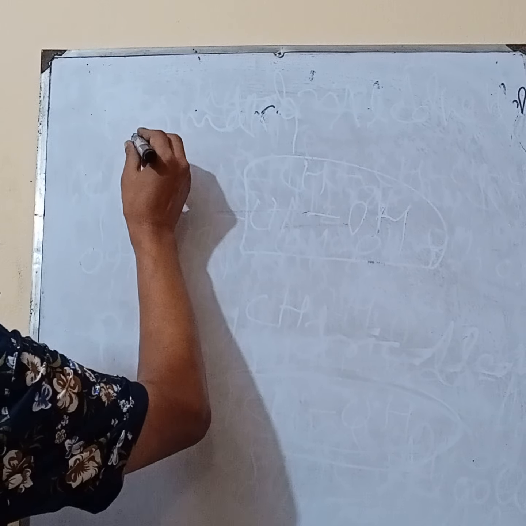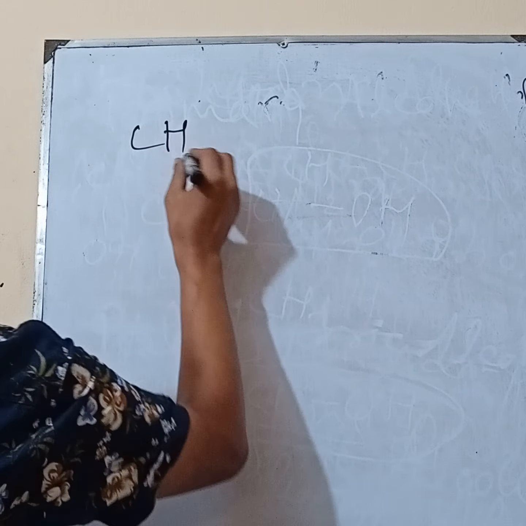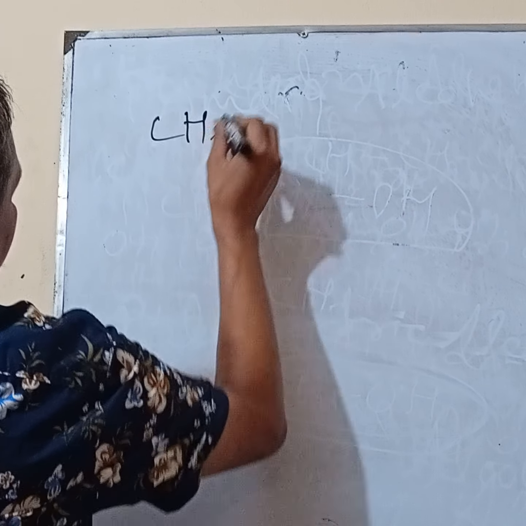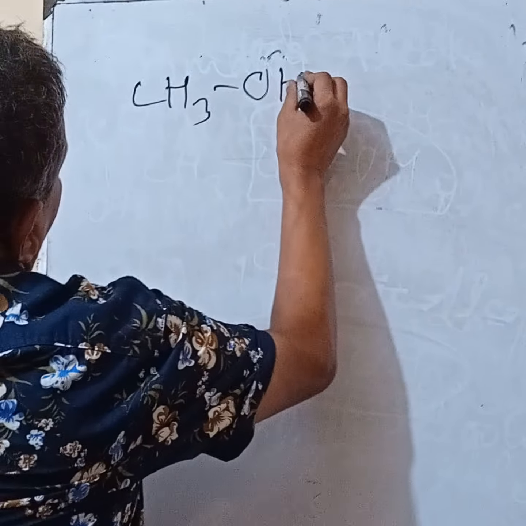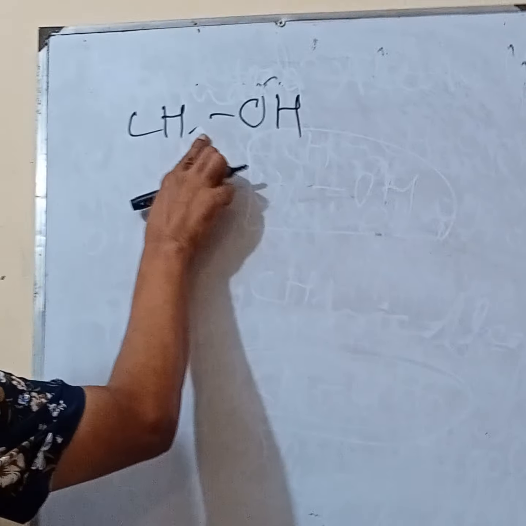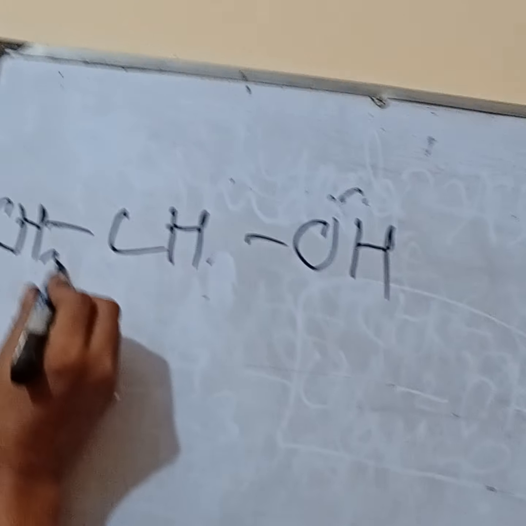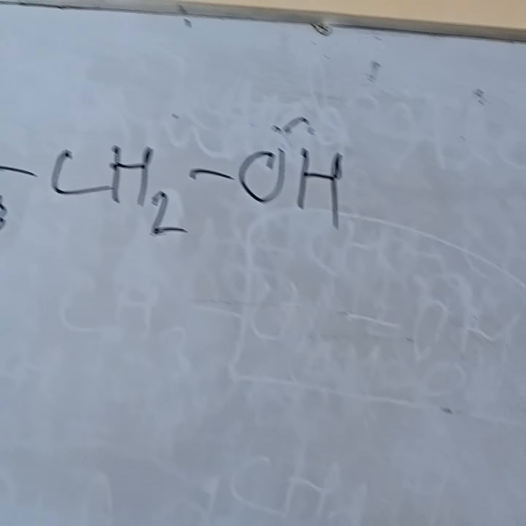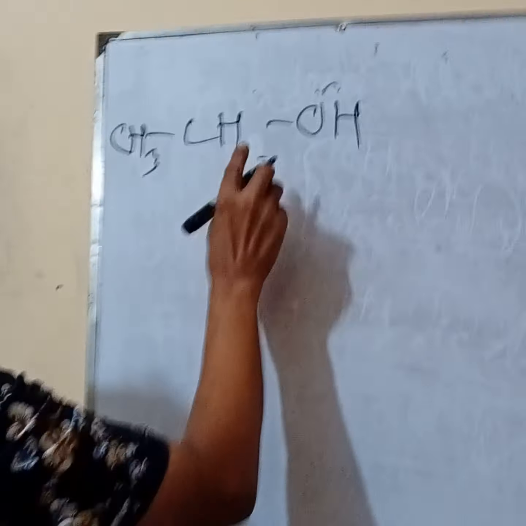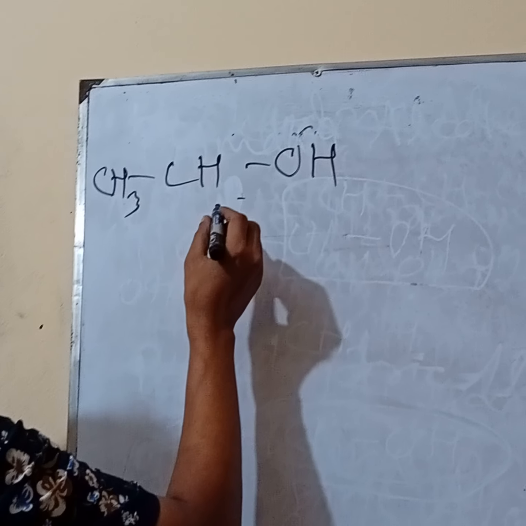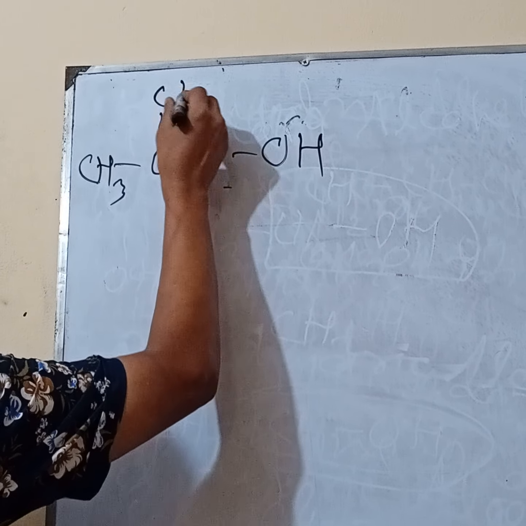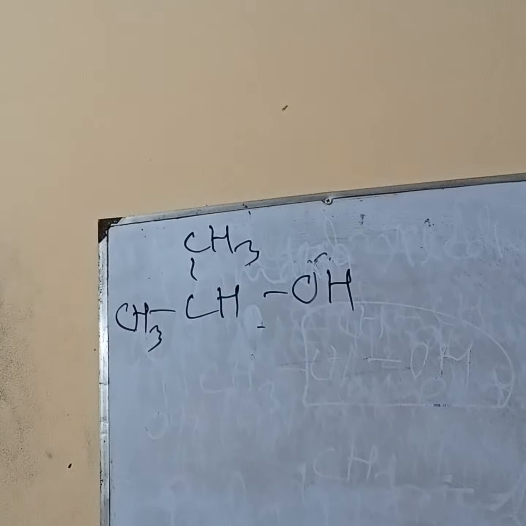Now, nomenclature. Suppose CH3OH. Its name is methyl alcohol. It is a monohydric alcohol. What's its name? There are two kinds of names.